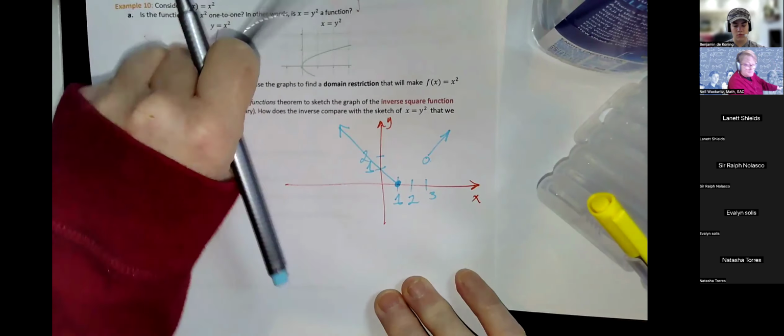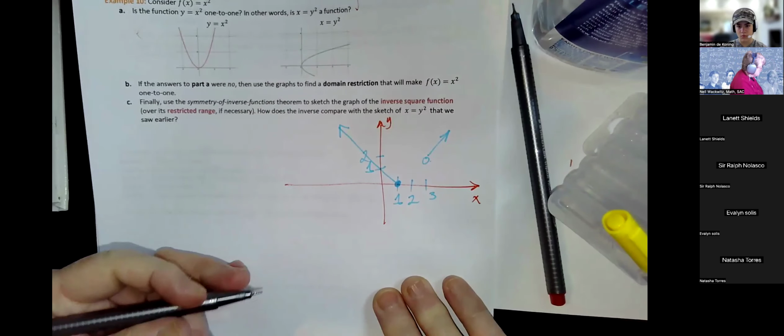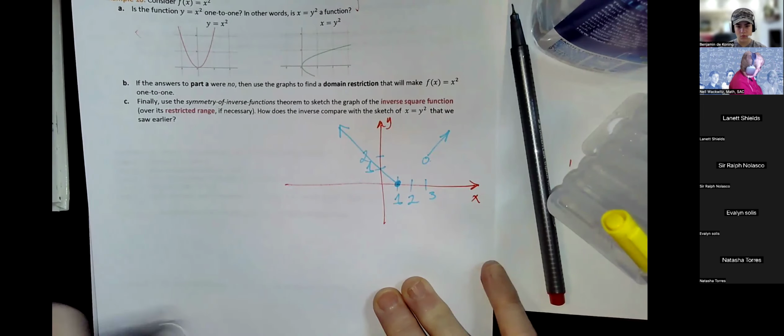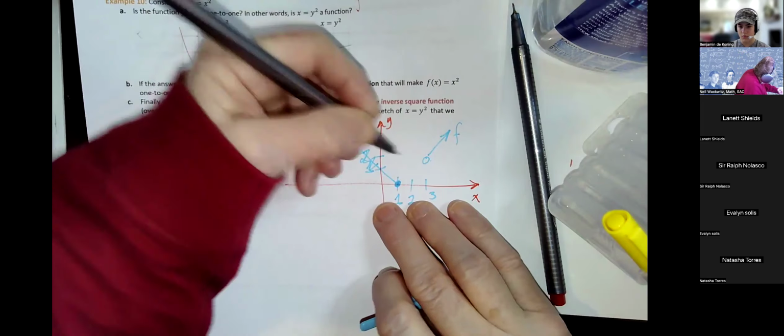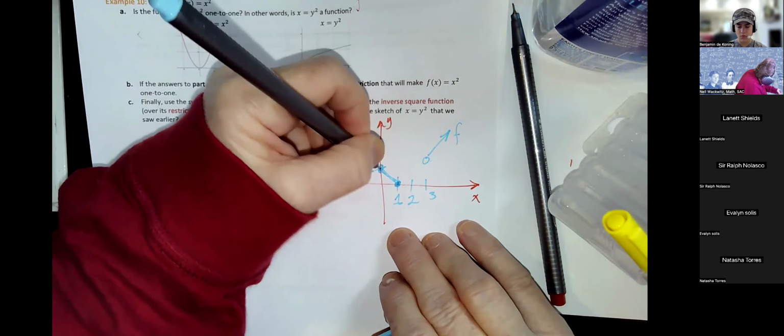Okay, say we've got that. And we would like to draw the inverse of it. So here's f. Oops, right now it's not a one-to-one function. Let's cut it off right here.